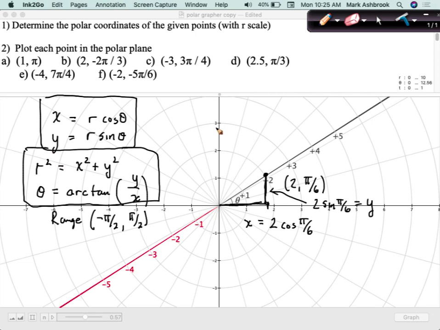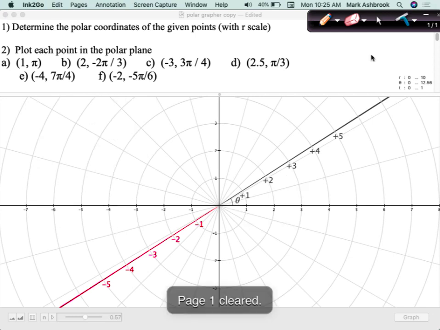All right, so we said that when you sketch polar graphs, we sketch r as a function of theta. So let's do a real simple one to start here. Any questions on that?